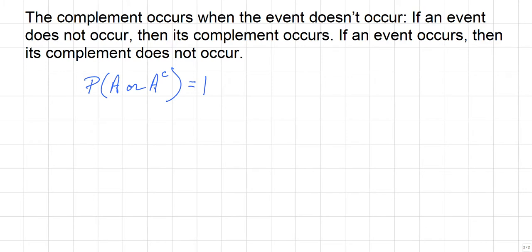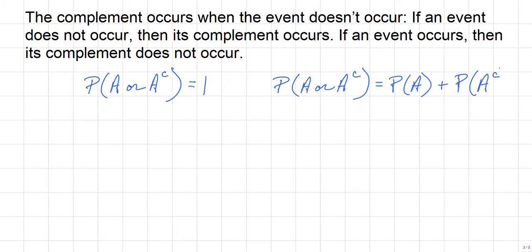And we're going to put this into the addition rule for mutually exclusive events, remembering that the probability of A or A complement, since they are mutually exclusive, is equal to the probability that A occurs plus the probability that its complement occurs.